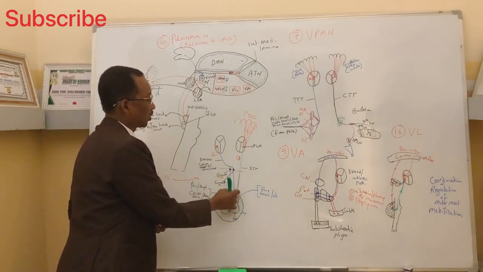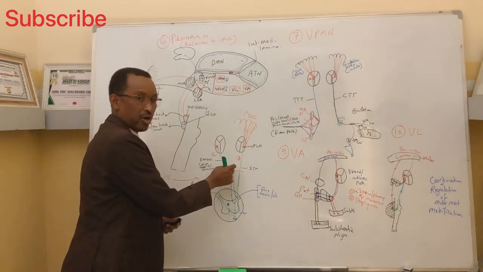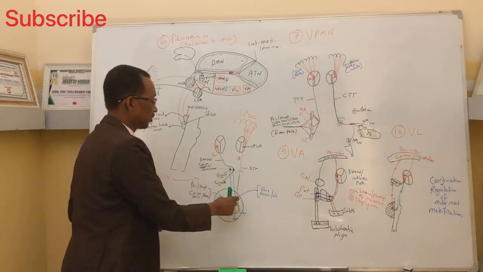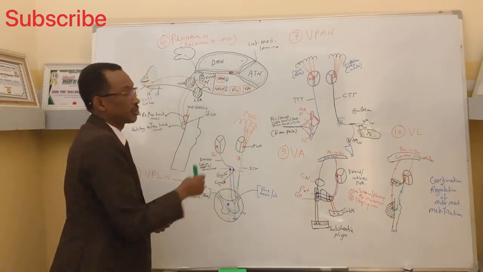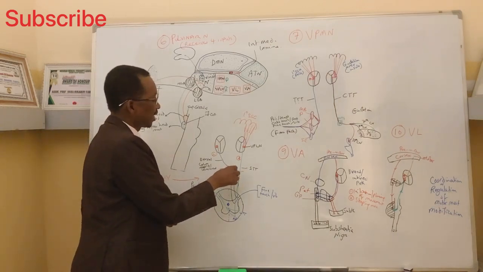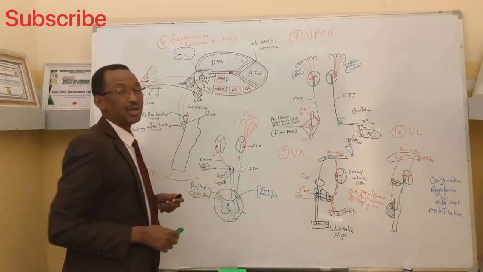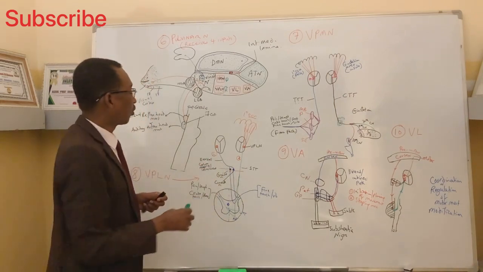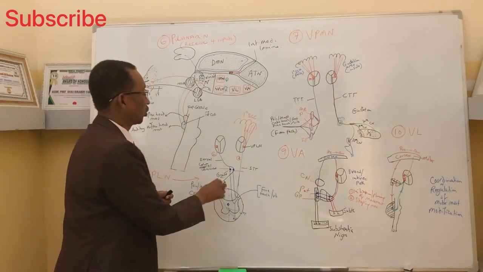So the two fasciculi, as they ascend up, reach the level of the medulla oblongata, where the first order neuron synapses with the second order neuron within two nuclei, the one on the medial side and the other one on the lateral side. The one on the medial side is called the gracile nucleus, while the other one on the lateral side is called the cuneate nucleus.